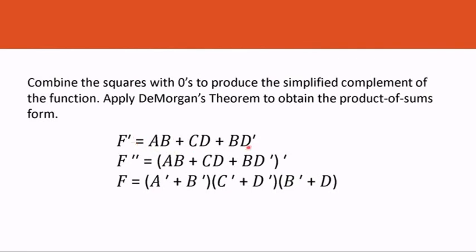So again, when we have grouped the zeros, that is actually our F prime. Since we are going to apply De Morgan's theorem, we have here F prime. We are going to get the complement on both the left side and the right side of the equation. So for F, we get the complement of F prime, which will become F prime prime, and the primes will cancel out.